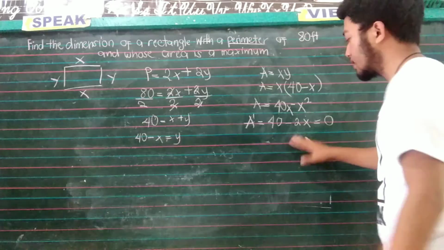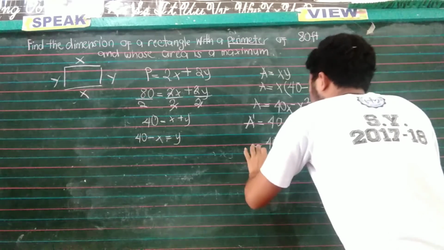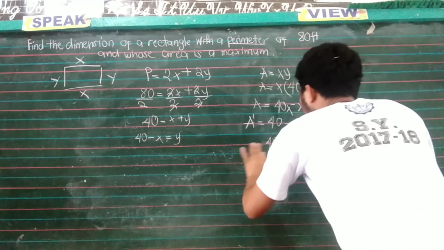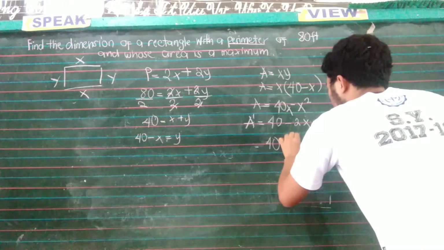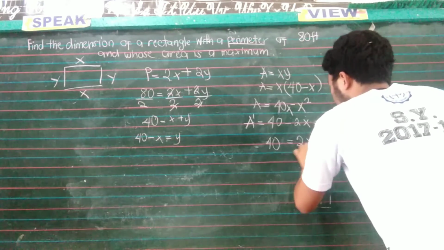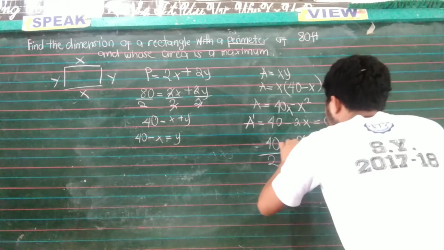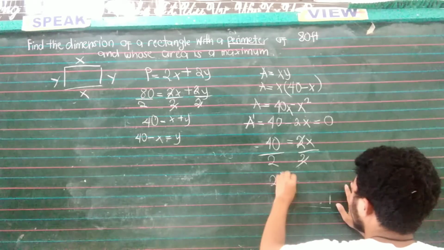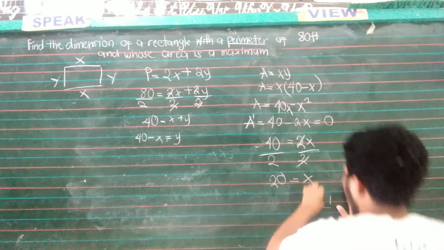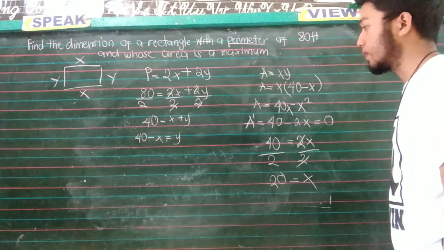To find x, we have here 40, transpose 2x, so we have positive 2x. To solve for x, divide it by 2, cancel. So we have here 20 is equal to x. So the value for x is 20.